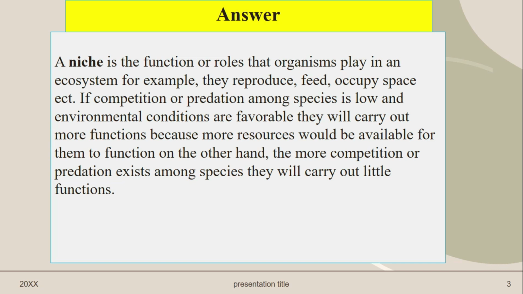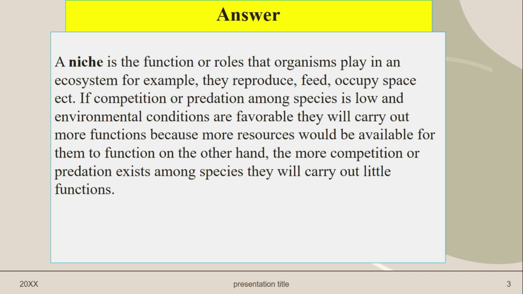All right. The role that they play, or how they survive, carry on their species, what they feed on, the space they occupy, all of that refers to their function.